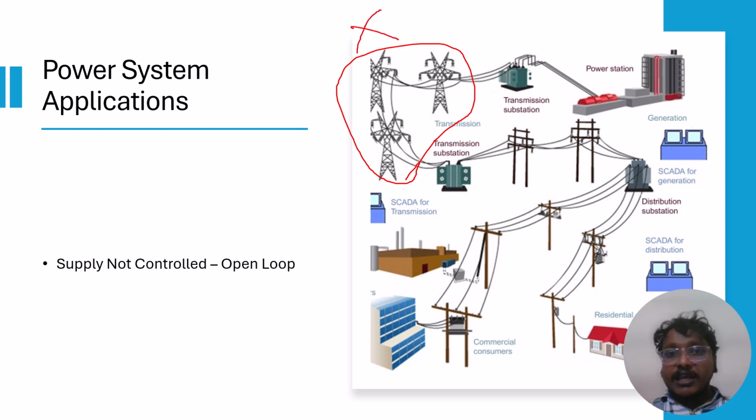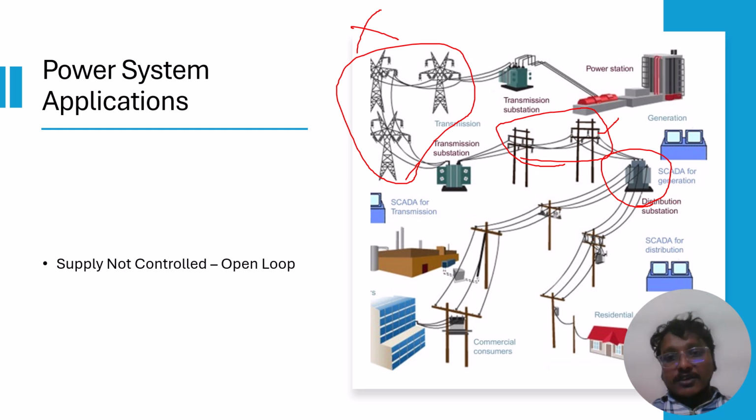We can't even enter those places if the voltage is not controlled. Even the insulators placed on top of the overhead transmission lines can be damaged in the transmission sector. And after that, the distribution substations and distribution transformers can collapse.